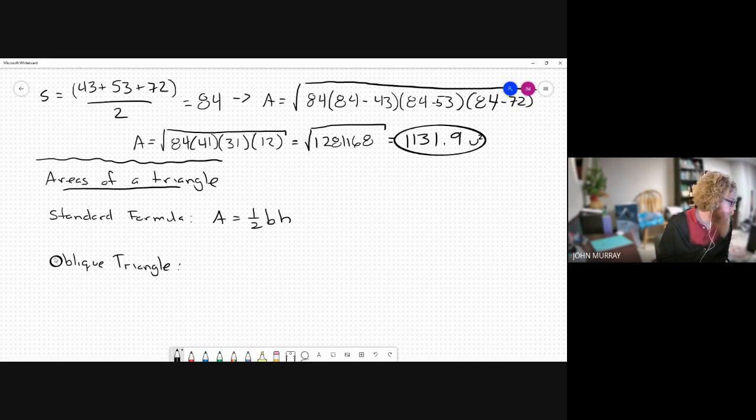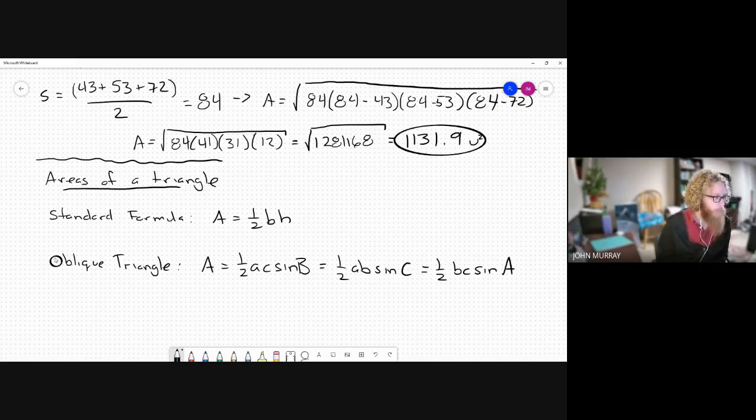Then we have the oblique triangle, where the area is 1/2 AC sine of B, or 1/2 AB sine of C, or 1/2 let's say BC sine of A. And then we just came up with Heron's.